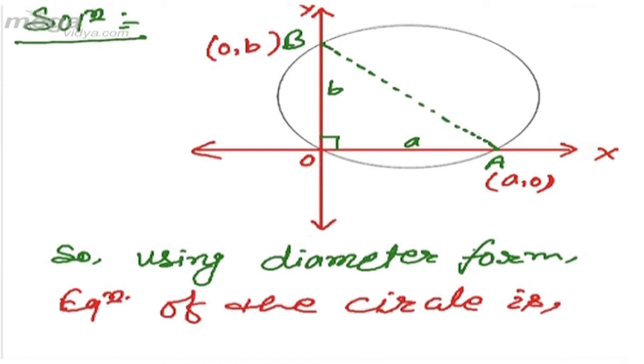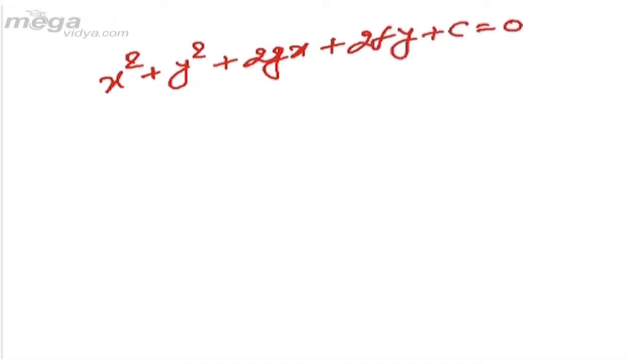So in the general equation, the equation is x square plus y square plus 2gx plus 2fy plus c is equal to 0. This is the equation. Once you have g, f and c, you can find the equation of the circle.